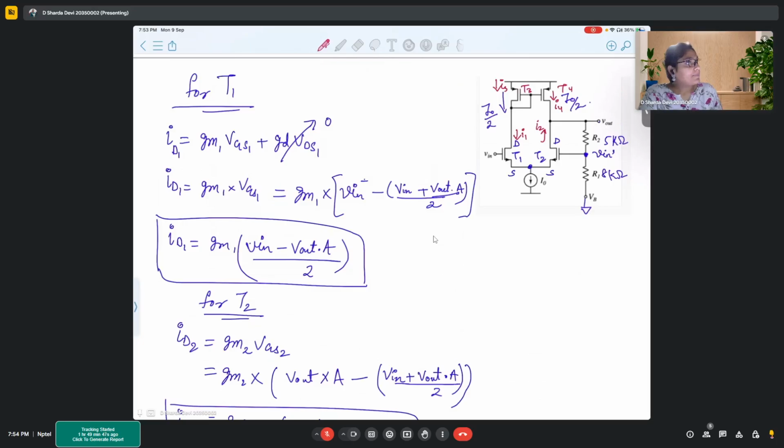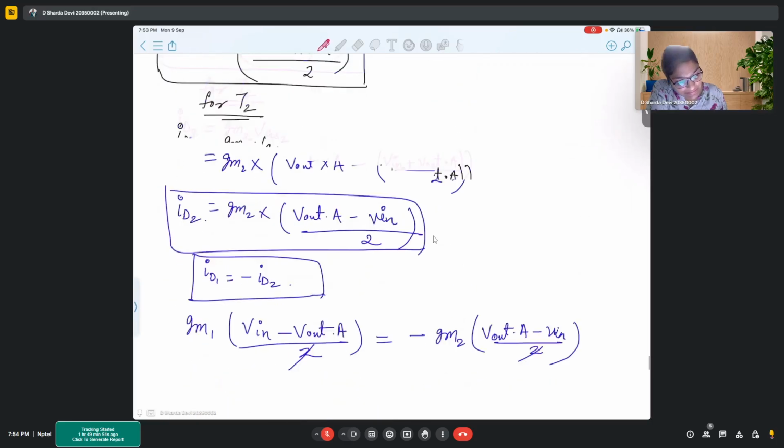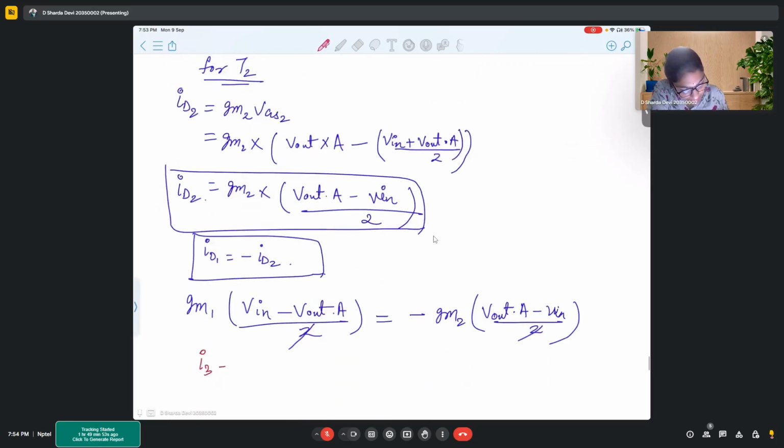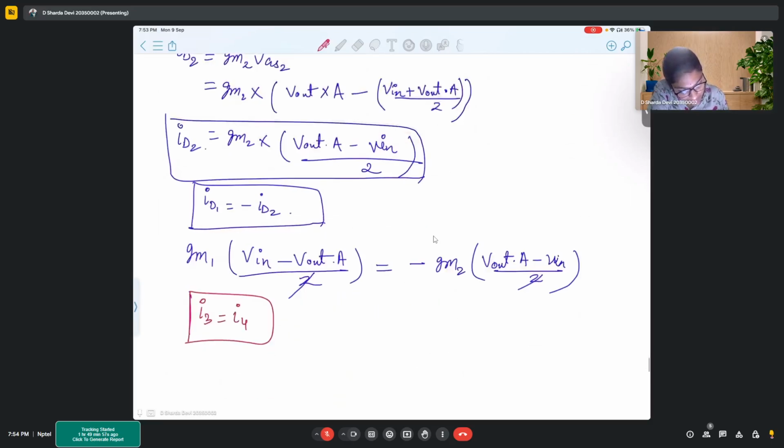So in this transistor, I3 equal to I4, but I2 is not equal to I4.